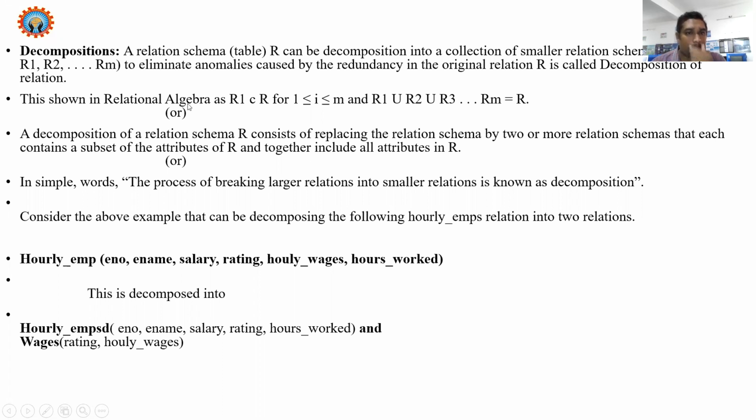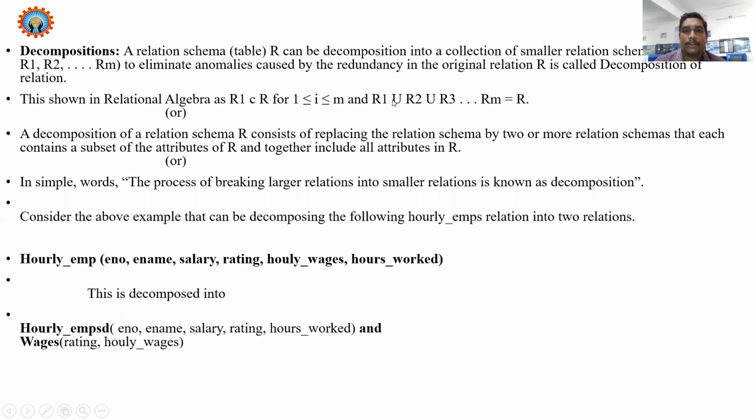In relational algebra, we say that R1 belongs to capital R and R2 belongs to capital R, for i from 1 up to m. The attributes of R are divided among the relations. For example, if I have 10 attributes, I will divide them among the relations.